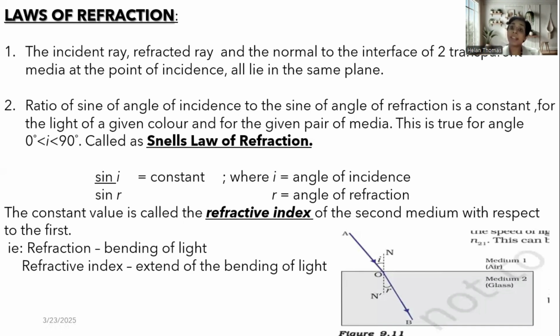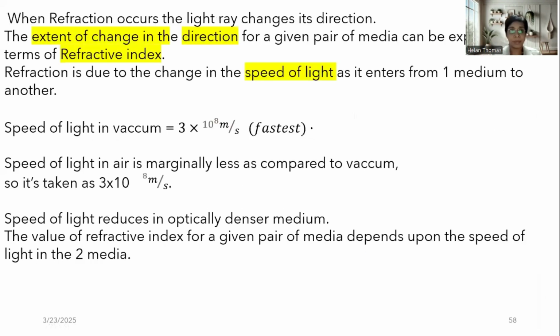That is always in comparison with the first medium. That's how we compare the refractive index. So the extent of bending is otherwise known as the refractive index. So in refraction, we said the direction of the light ray will change whenever refraction happens.